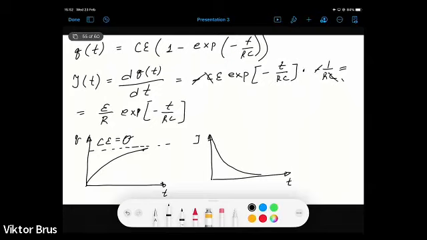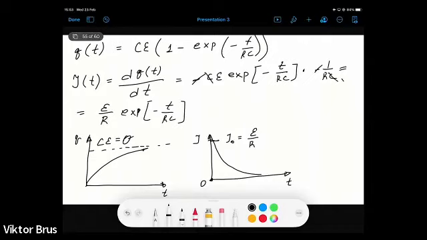It will go from the maximum value I naught equals epsilon over R, and approach 0 over time, while electric charge accumulated at the plates of the capacitor will approach the magnitude C times epsilon. So these are time-dependent characteristics of charge accumulation and electric current flow through the RC circuit in the charging mode.